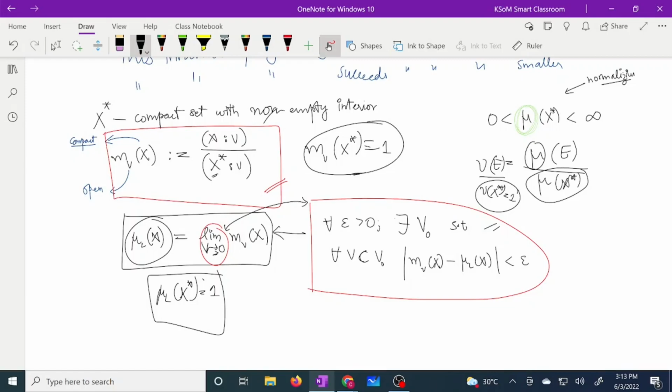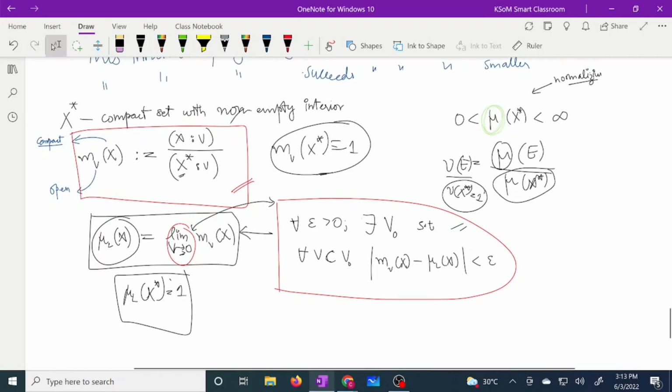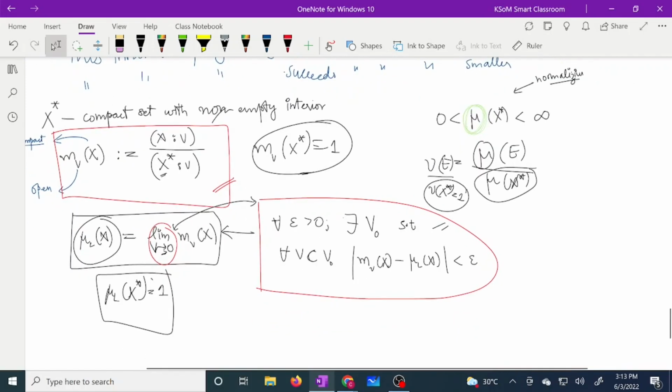How do you get mu L of x star is equal to 1? For every open set V, this thing is identically equal to 1, right? So whatever thing you put here, M V of x star is always equal to 1.